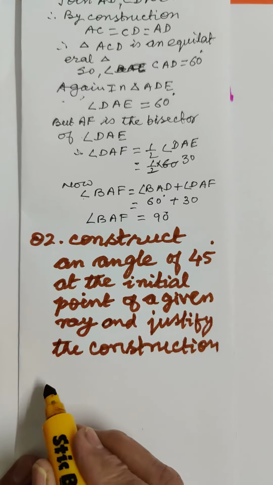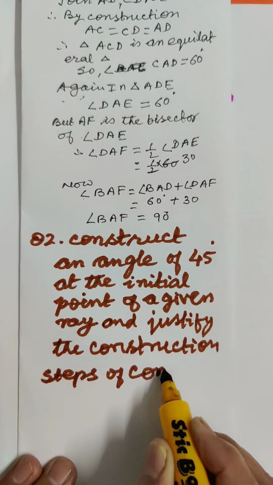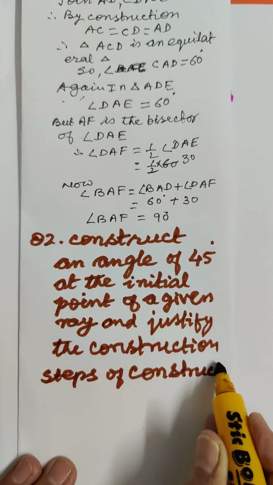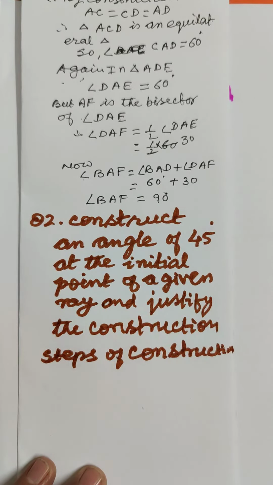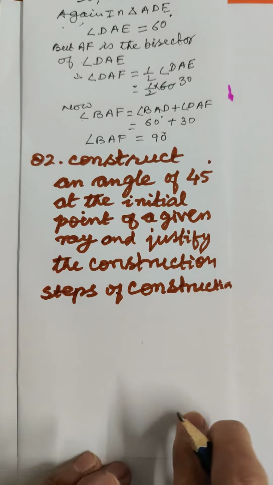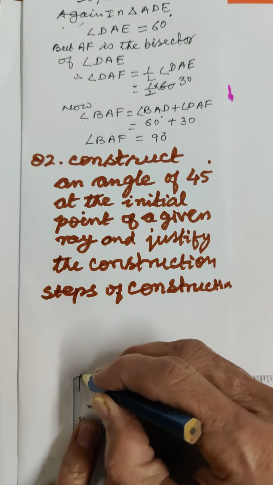So steps of construction. First of all, we shall draw a line, say it is OA. Drawing a line.